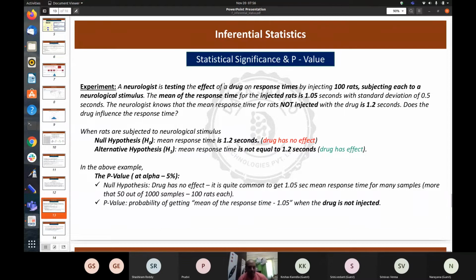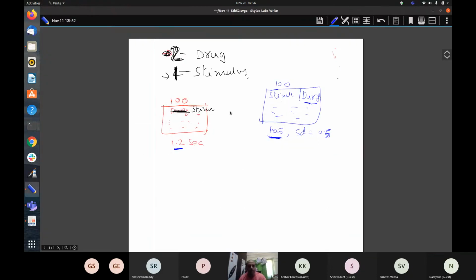So to say the drug is significant or not, we need to find out the p-value. What I said was, this is the old environmental condition. What is the old environmental condition? The stimulus. New environmental condition is stimulus plus drug, right?